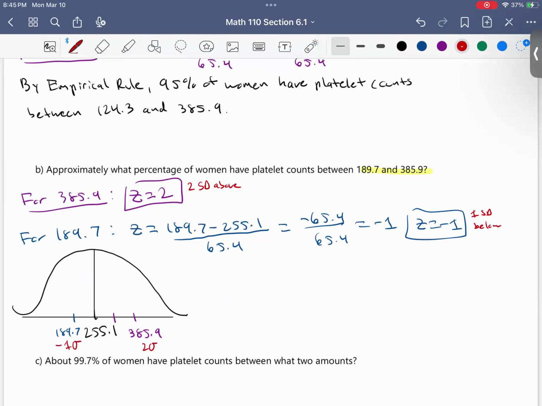Okay, so what I want to do here is cut our mean in half and find the distribution. I want to find this highlighted portion.